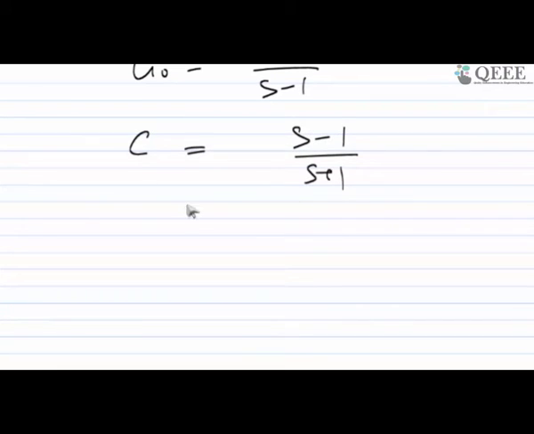Let's see very quickly: if I have a G0 which is 1 upon S minus 1, and I choose the controller as S minus 1 upon S plus 1, then if I plot the Nyquist plot of this G0 C, right, what will it give me?